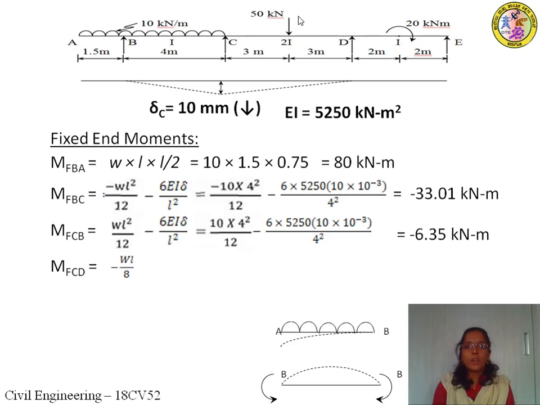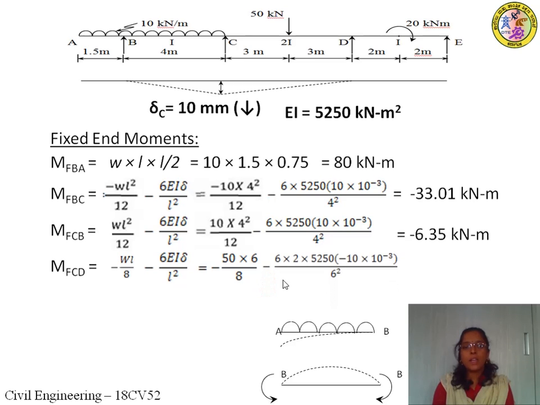Apart from that, because of this central point load, we have this equation WL by 8 and then minus 6 EI delta by L square. So this will be constant. That will be equal to W, the load is 50, into length 6 meters divided by 8: 50 into 6 by 8.